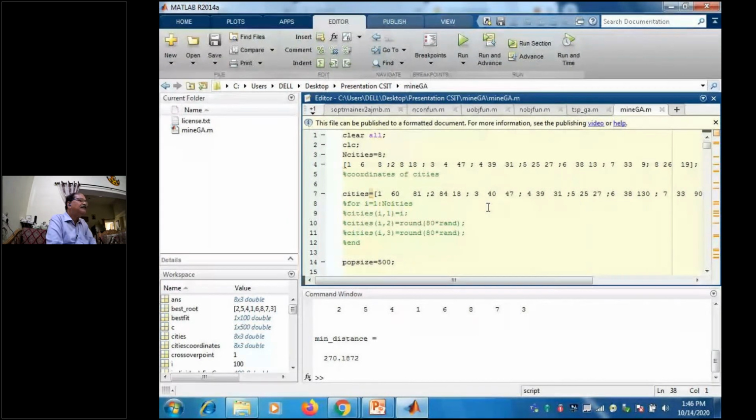Remember, the most important thing is how to map the continuous version of the algorithm to a combinatorial version. In most operations management problems, we will find combinatorial optimization problems. So that mapping is really very important. With this, I stop here.